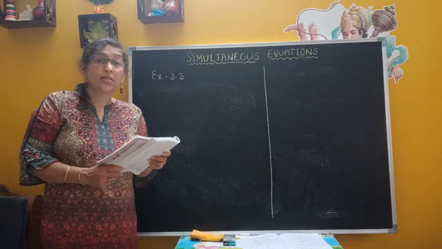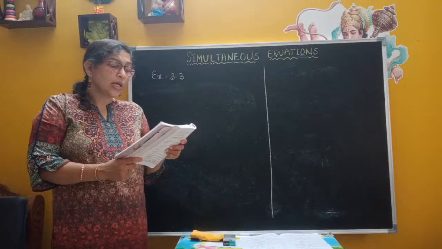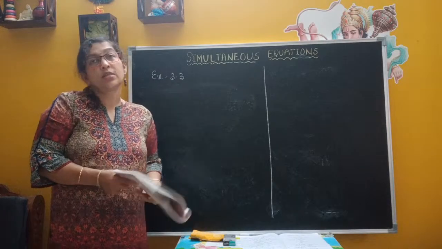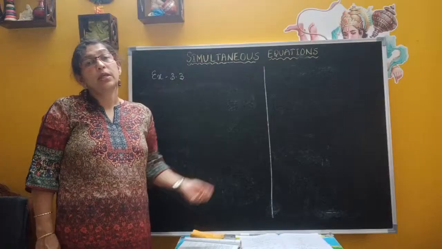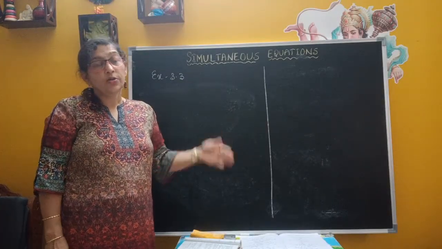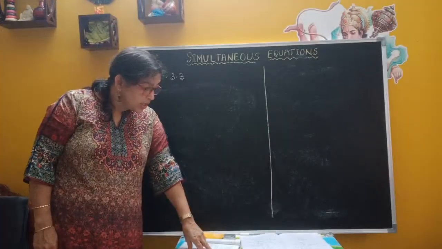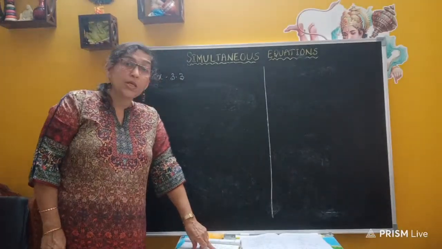5 years hence means what? 5 years after. After 5 years, the age of Jacob will be 3 times that of his son. So what should be taken as x and y now? Present ages. If the present ages of Jacob and his son are x and y, 5 years hence means after 5 years.